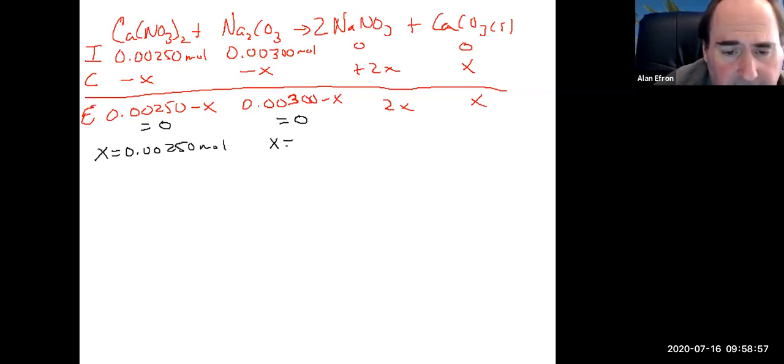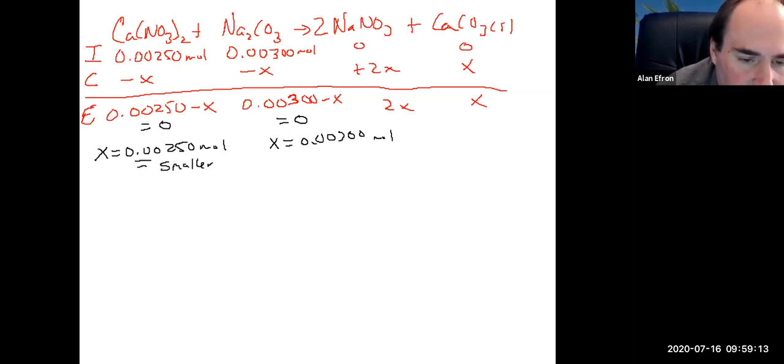X in this case would equal 0.003 moles. Again, here we are looking for the smaller number, which would be our limiting reagent. So we could see that this guy here is our smaller number, which means this is not the correct value for X. And this would be the limiting reagent, which in this case would be our calcium nitrate. By default, the excess reagent would be our sodium carbonate.